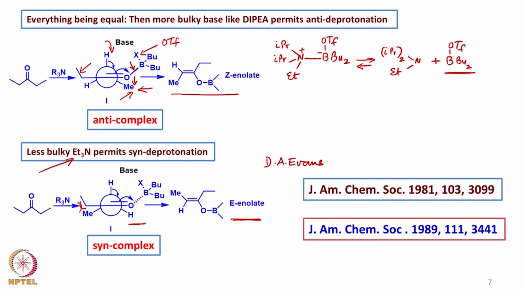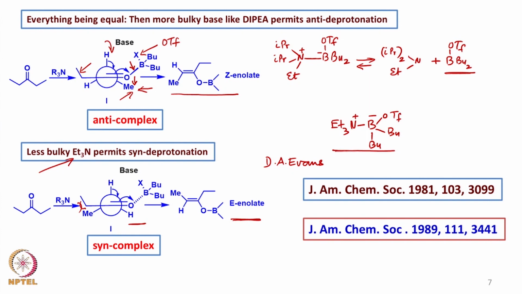In that situation, if the methyl group goes onto the left hand side, it has an interaction with the ethyl group, that is fine, but at that time the less bulky bases form an irreversible complex with the boron. So, you have say triethylamine, and it forms an irreversible complex, say like this, you have minus and plus.